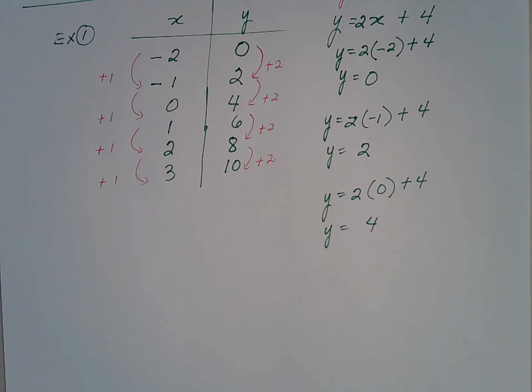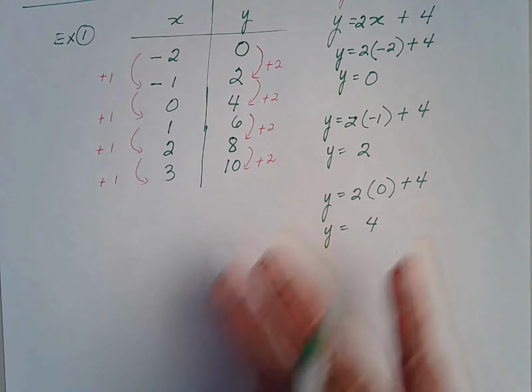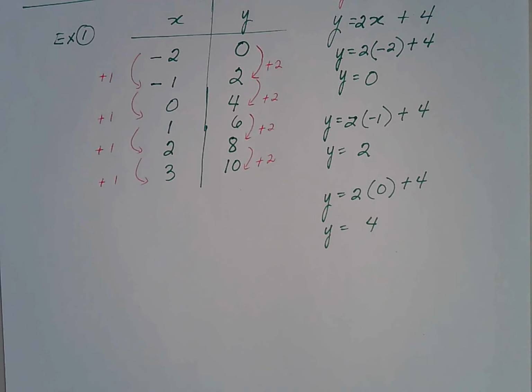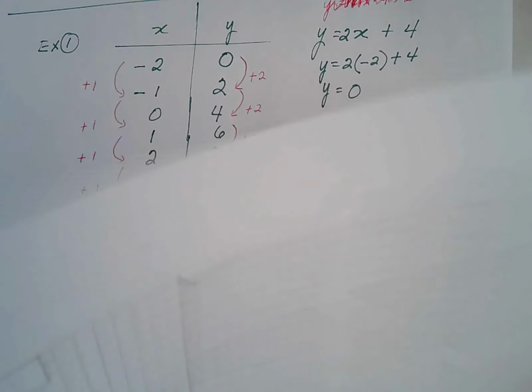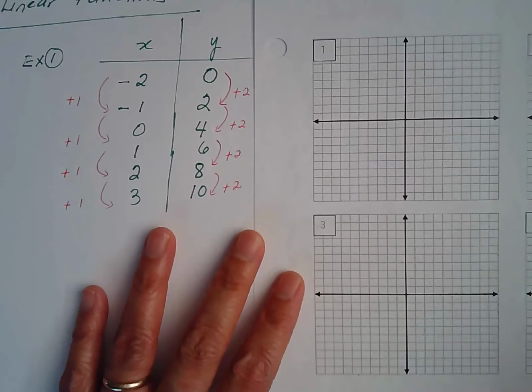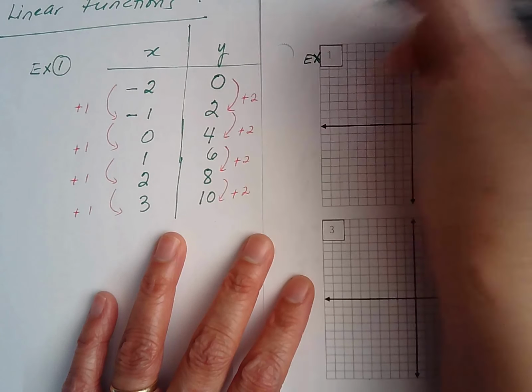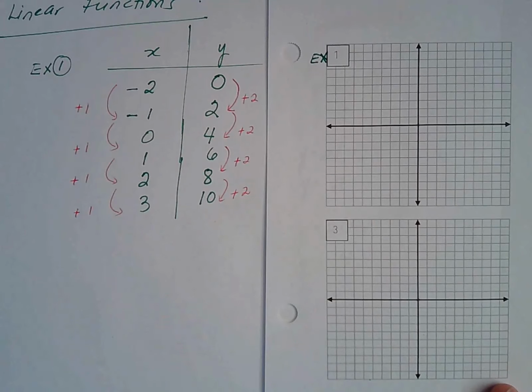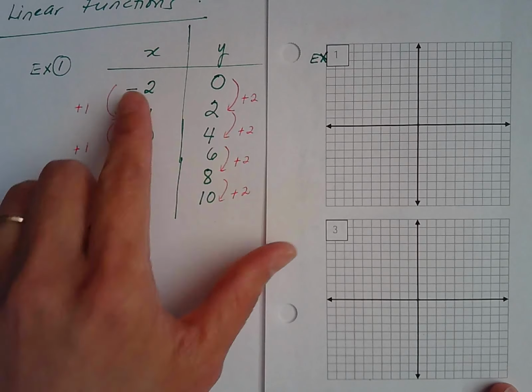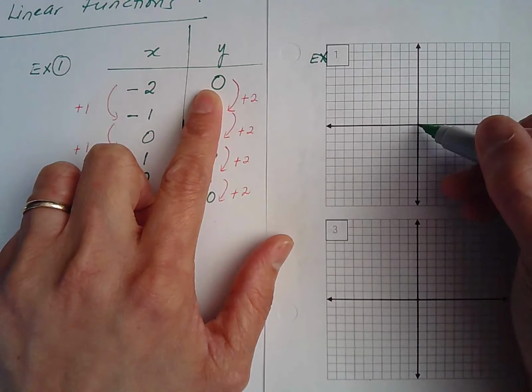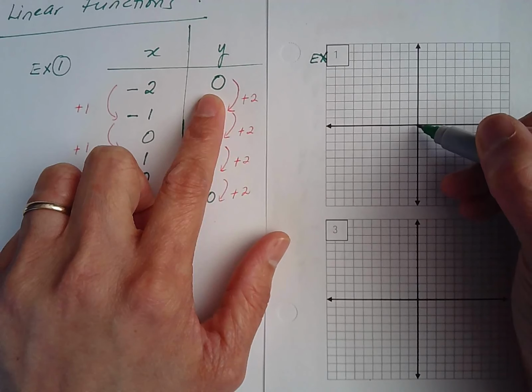Here's what we're going to do. We're going to plot this on our graph paper. Let's see what kind of picture we're going to get. That's why you got graph paper. So we're going to call this example 1, graphing. Okay, remember the graphing? Negative 2, 0. Starting in the middle, where would negative 2, 0 be?